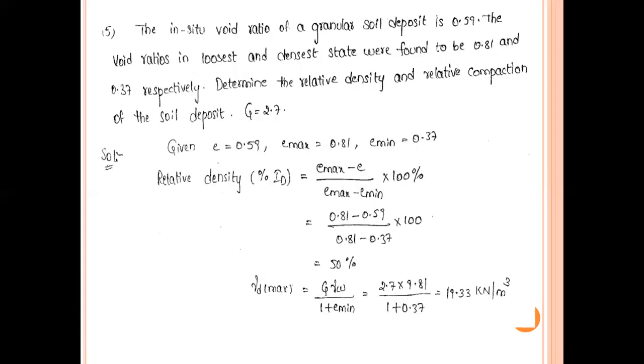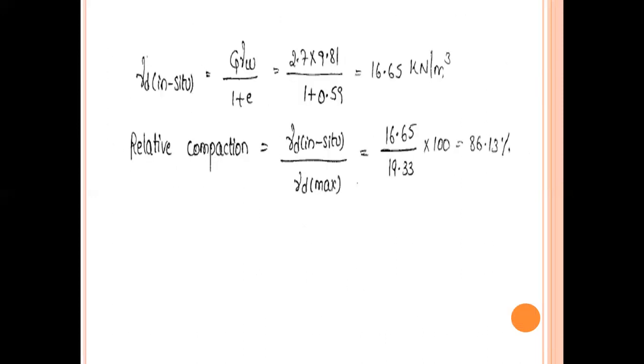So here we find the in situ dry density and the maximum dry density, and after that we find the relative compaction. So the relative compaction formula is dry density in situ over dry density maximum. Finally, the relative compaction is 86.13 percent.